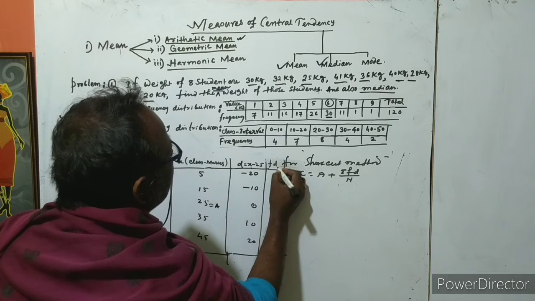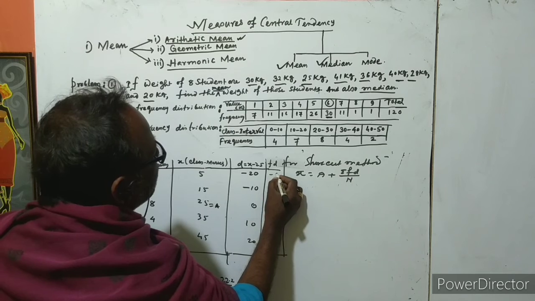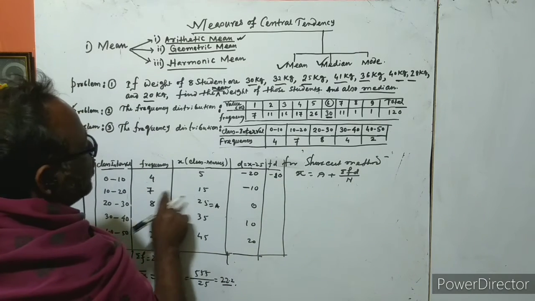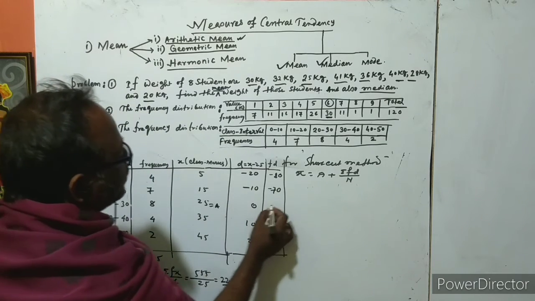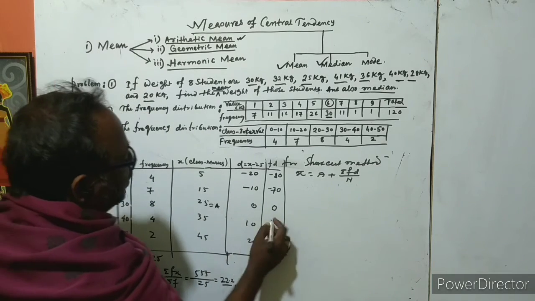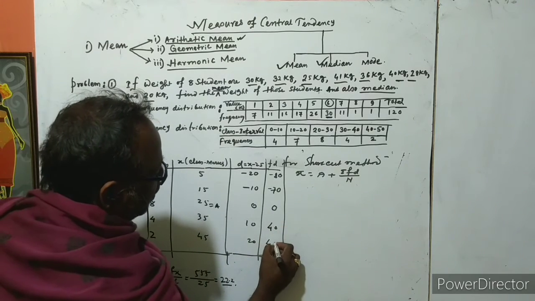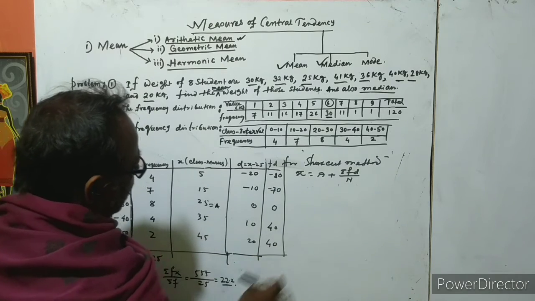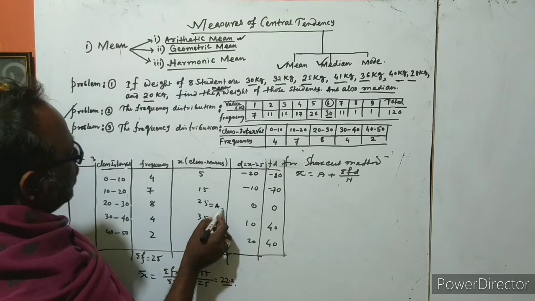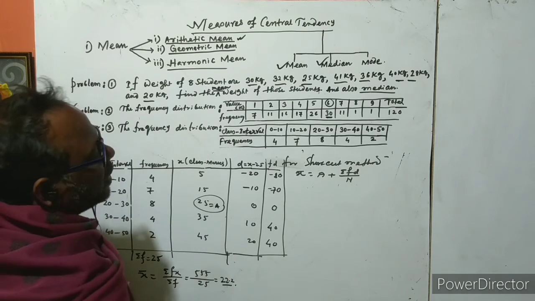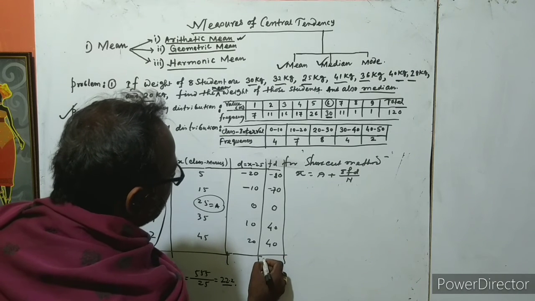So this is the column of fd. Multiply 4 with minus 20, this is minus 80, and 7 with minus 10, that is minus 70, and this is 0, and this is 40, okay, and this is 40 also. Then see the formula, we need the value of A, which is 25, and summation fd, so the sum of this column is needed here.